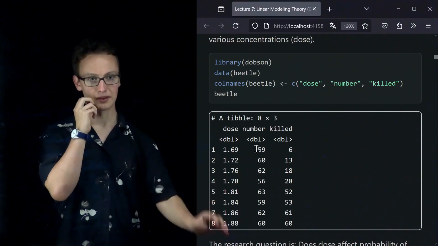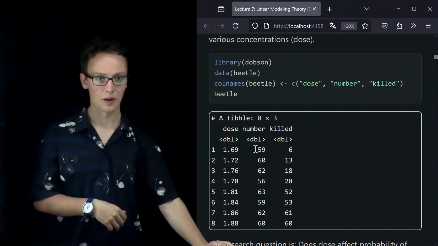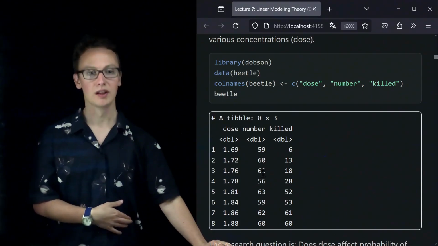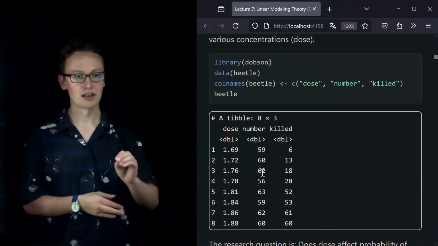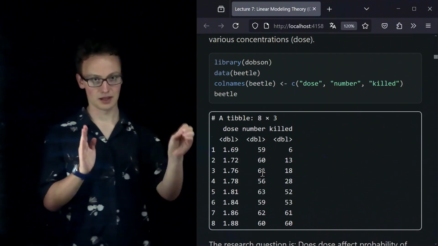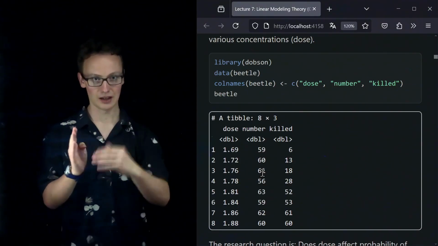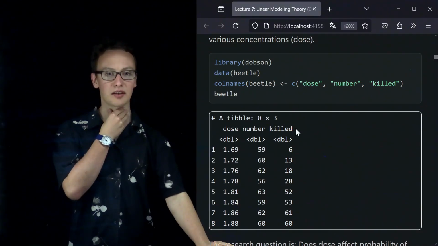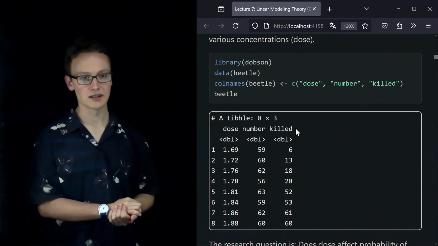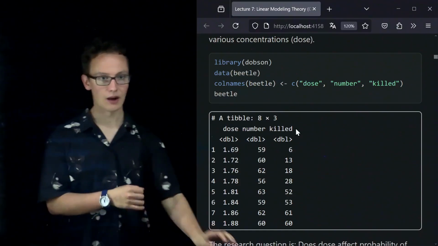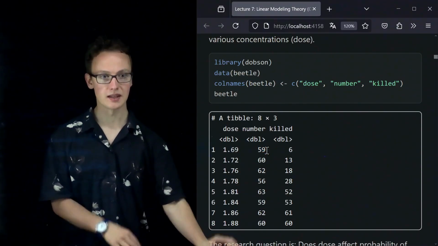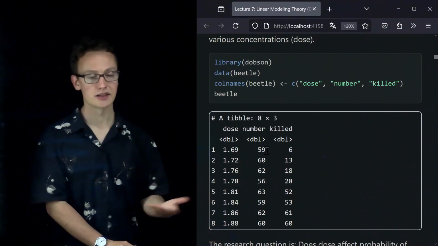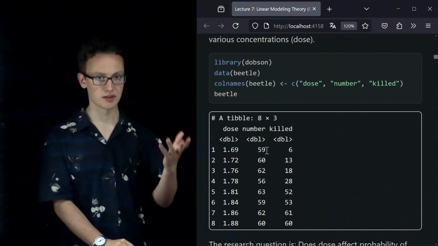So you can think of it as some beetles had the 1.69 dose, some had the 1.72 dose, and so on. So this is basically how many beetles were exposed to which kind of dose, right? And then you have the column killed, which is the number of beetles out of the overall number of beetles in that particular condition which died as a result of that exposure to this poisonous gas.